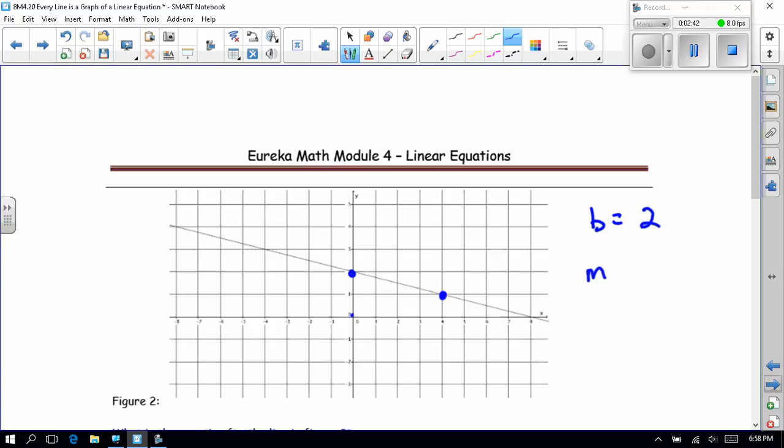To get from the first point to the second point, I go down 1, which is a negative move, and then right 1, 2, 3, 4. So in my equation, y equals my slope, -1/4, x, and my y-intercept is 2.